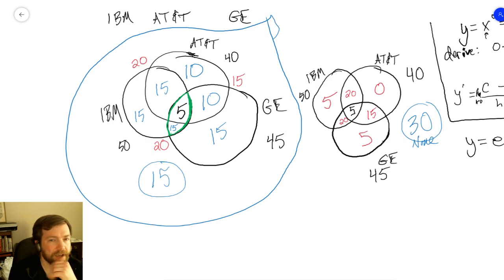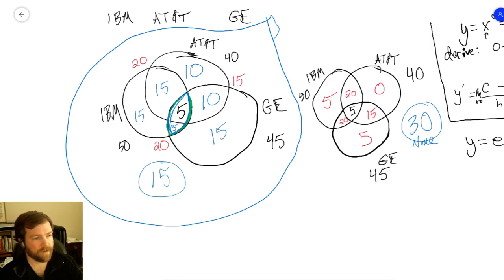So again, it depends on how you look at it. If you're saying that when I say people owned IBM and GE, there were 20 of them, I could put that here to say that the people who owned both IBM and GE belong to both of these groups: the people who only owned IBM and GE, and the people who owned all 3.